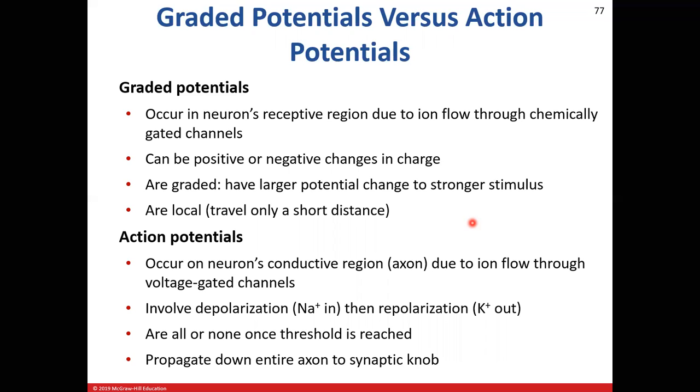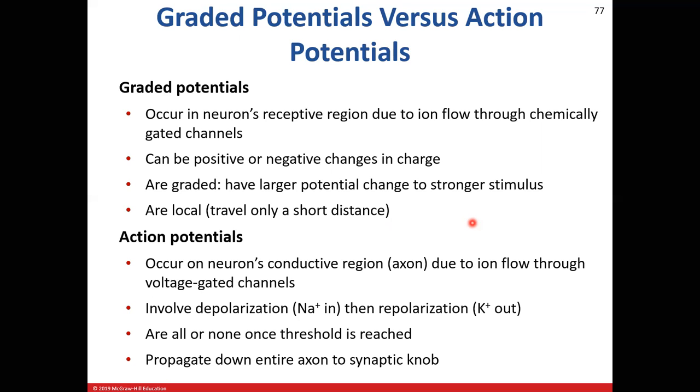And then it involves our repolarization phase, which is potassium out of the cell. Again, action potentials are all or none once the threshold is reached. So they don't change in size. It goes from the threshold level of minus 55 all the way up to positive 30 every single time. And that's the difference between an action potential and a graded potential, or one of the differences.